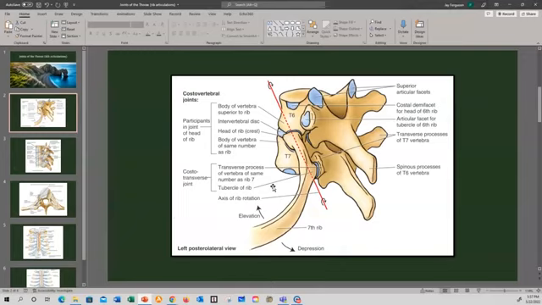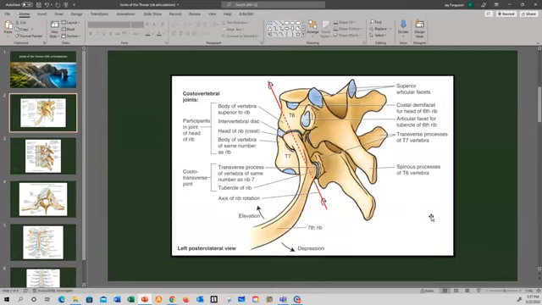And then the heads of the second through ninth ribs will articulate with the body of the numerically corresponding thoracic vertebra and the body of the vertebra above and the intervening vertebral disc, so the IVD as well. So meaning rib 2 is going to articulate with T1 and T2 as well as the disc in between.